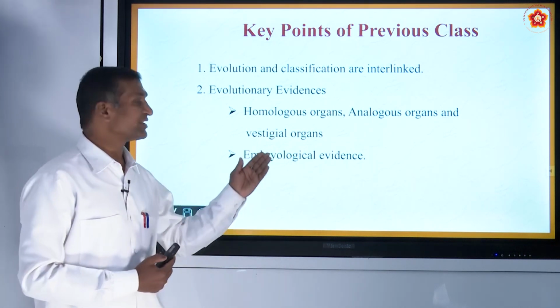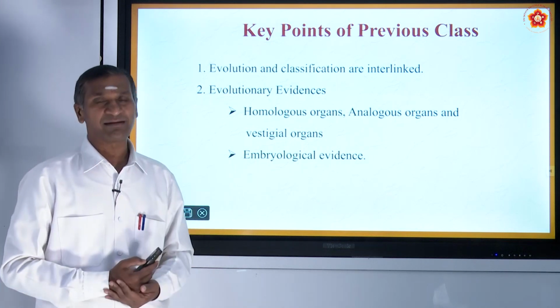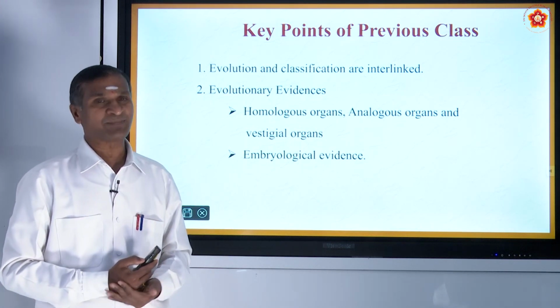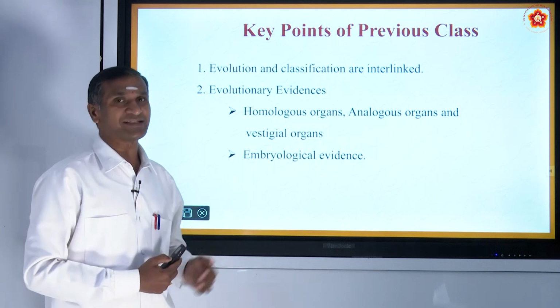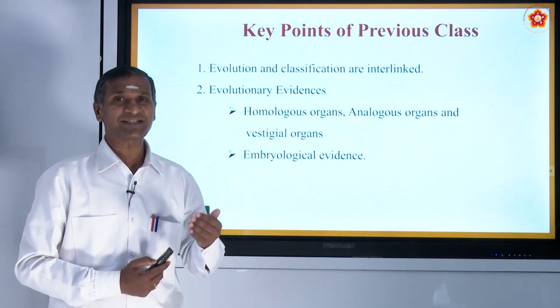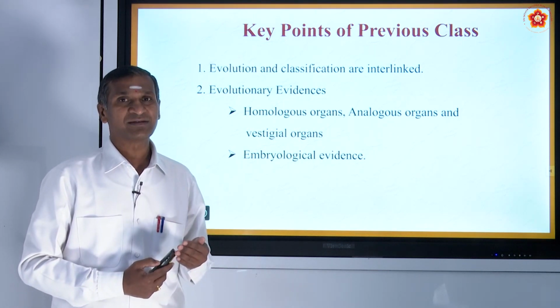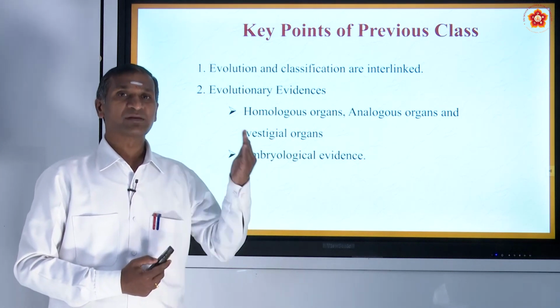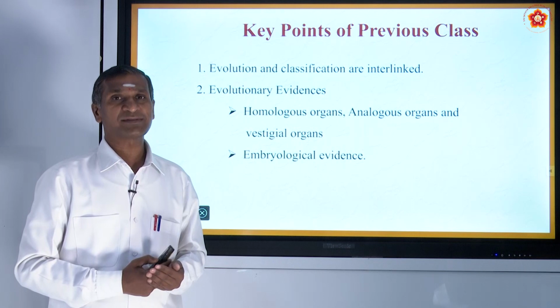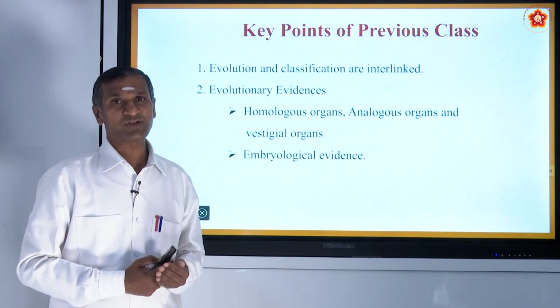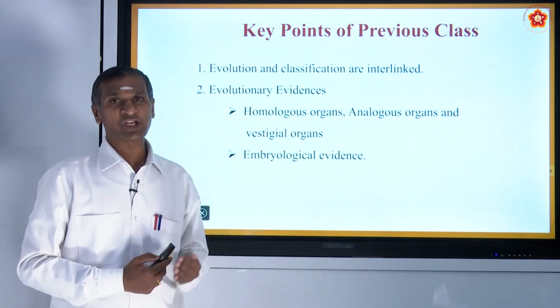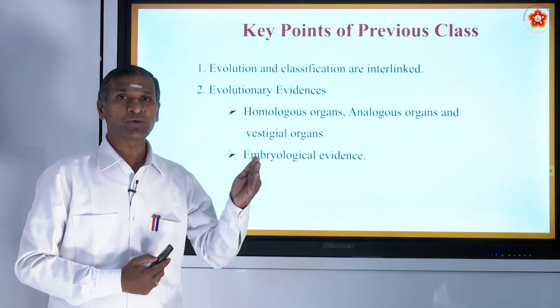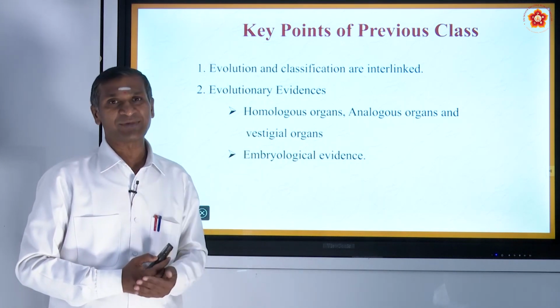Further, we continued with the second area for the evidence of evolution, embryological evidence. The embryonic stage in the vertebrates, from the birds, the amphibians, the pisces or the fishes, and the mammals, the human being, the embryo looks very similar.